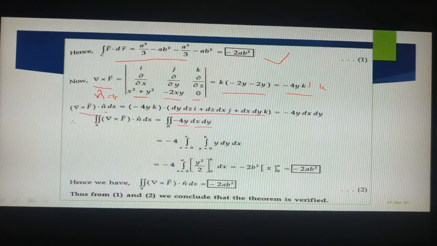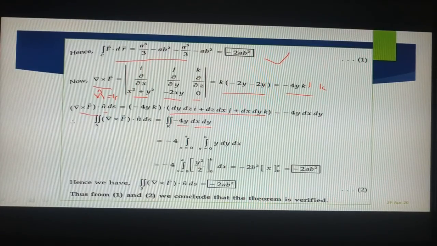Suppose you want to take it always as a formula, I can ask you to remember this: n cap ds is the change on the surface towards this unit normal vector, which we can also represent as ds bar. So how is it changing on the surface?